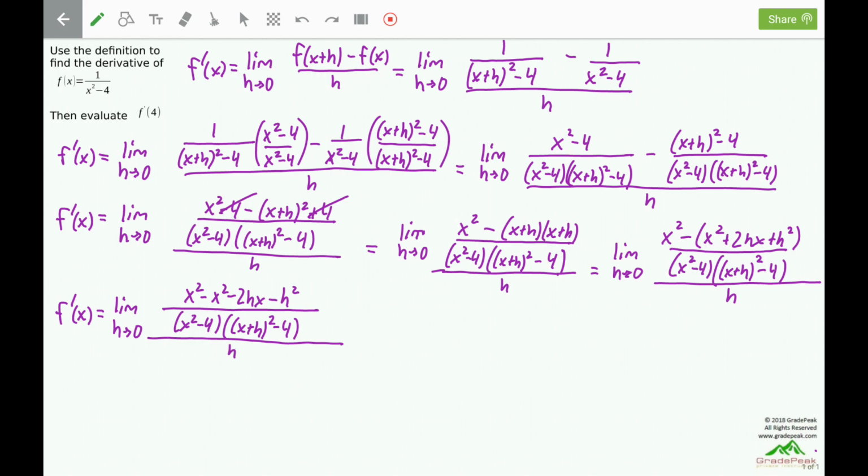We can combine together like terms in the numerator. There's an x squared and a negative x squared, and those will cancel. The other two terms will remain as is.